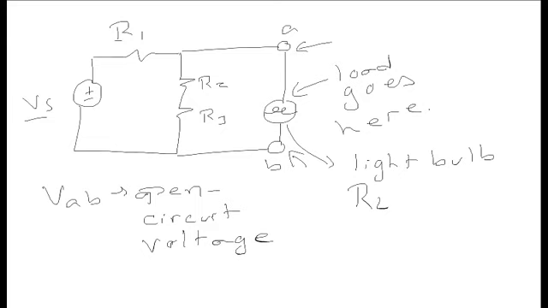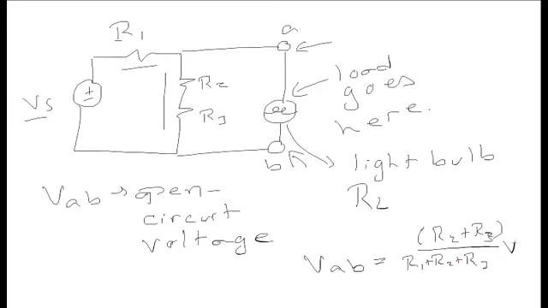In this example, we can actually compute it, so let's do so. I have these resistors, and in the original circuit, remember before the load is connected, they're in series, which means I can use voltage division. VAB is equal to the series connection of R2 plus R3 over the sum of the resistors multiplied by my source voltage.